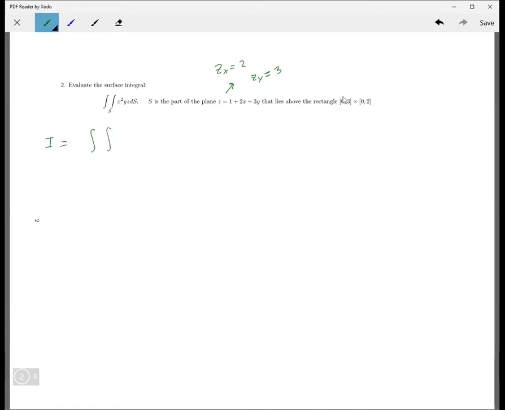Let's go ahead and set this rectangle up. But let's put this part in first. So you have x squared y z, right? So what you need to do is take this z here and replace it with this.